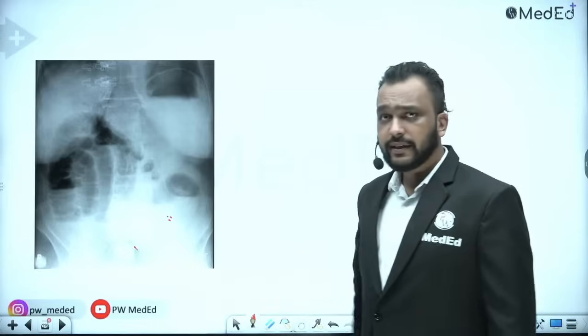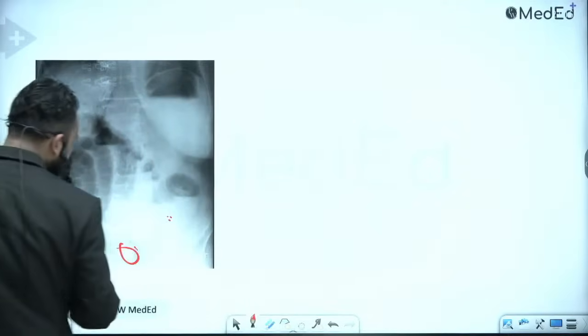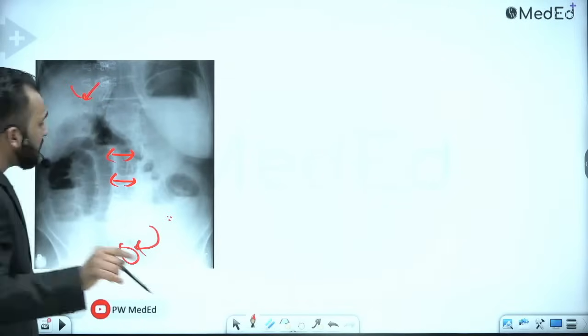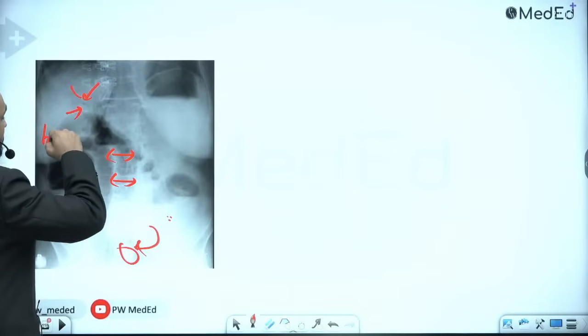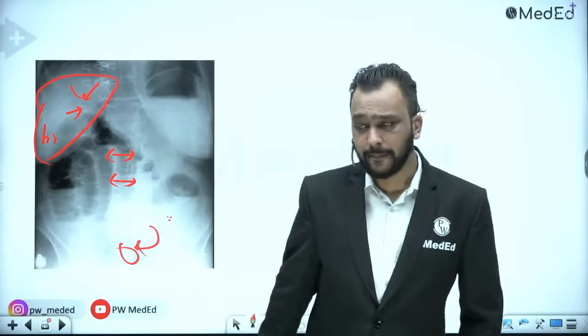So in this X-ray we can see that there is some radiodensity in the lower part of the abdomen, that is your pelvis. Dilated loops can be seen, and there is some linear finding, very difficult to appreciate at your level. So branching radiolucency can be seen in the liver.